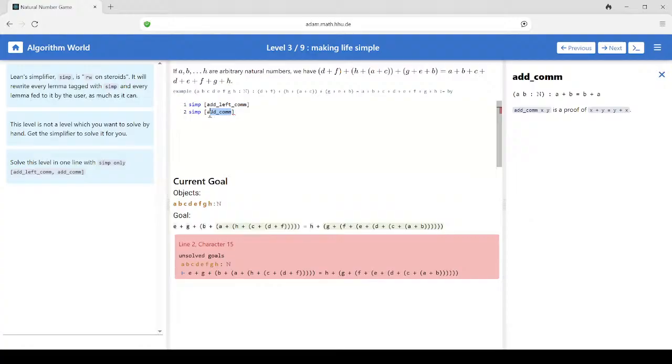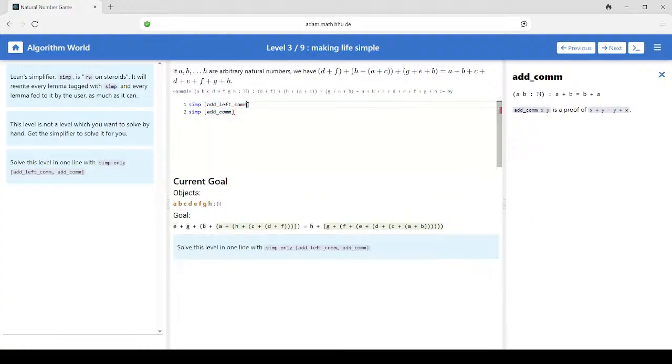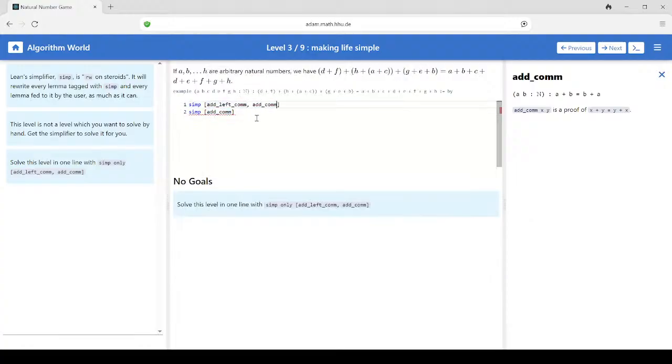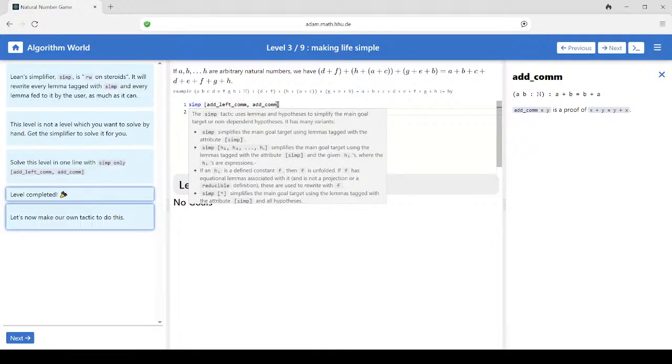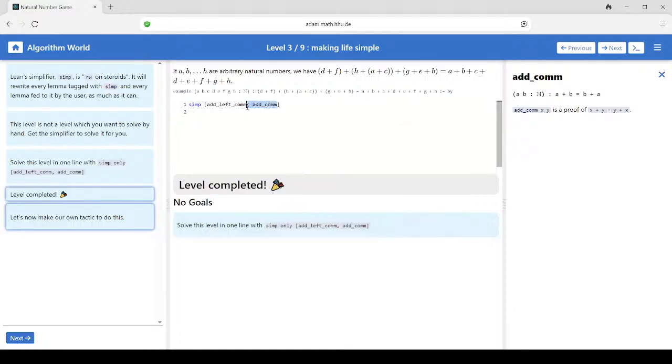But for some reason, if I put this on the same line as the first one, we win. But one does not truly win until they understand how they have won. What happened?